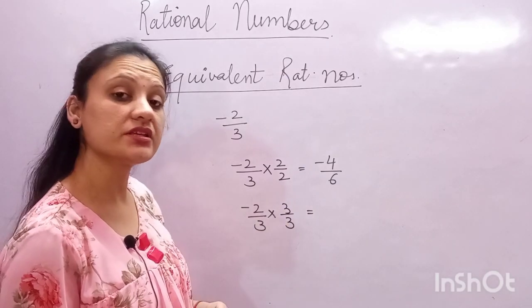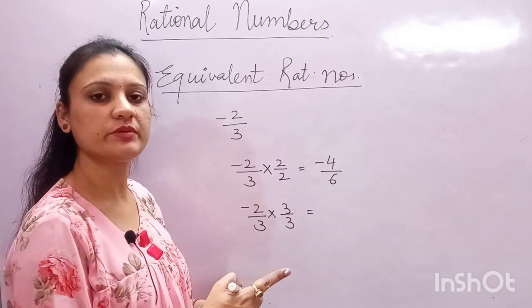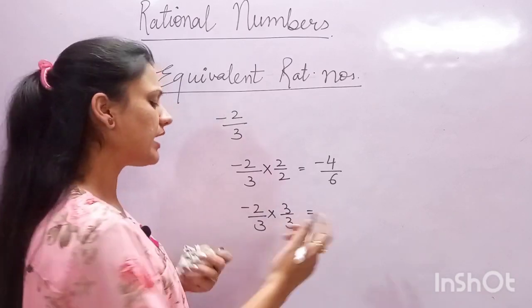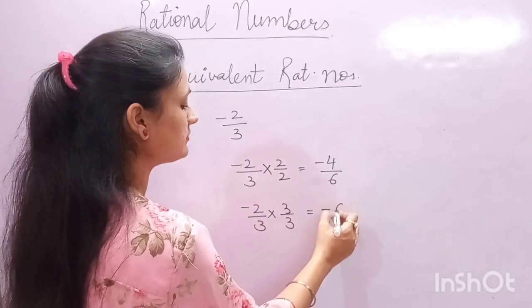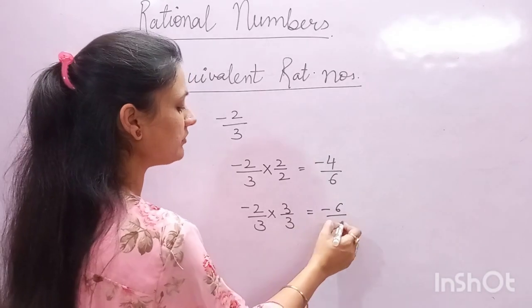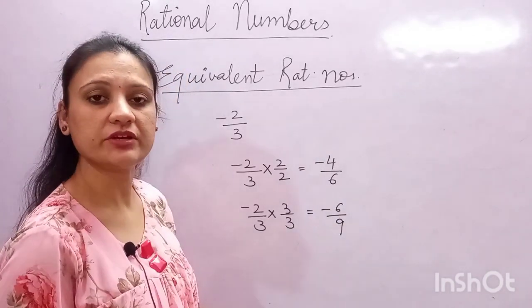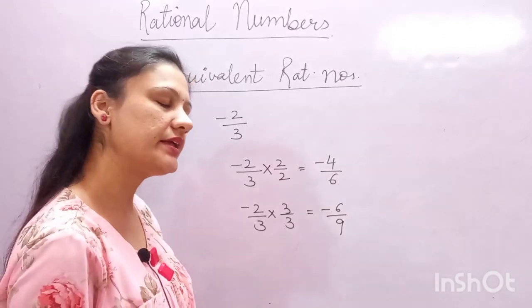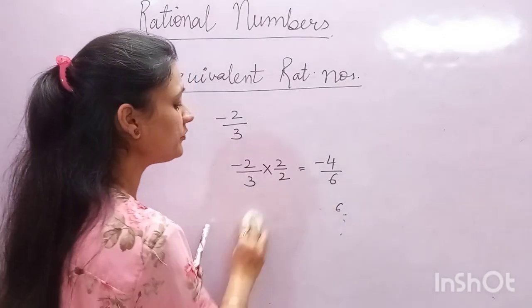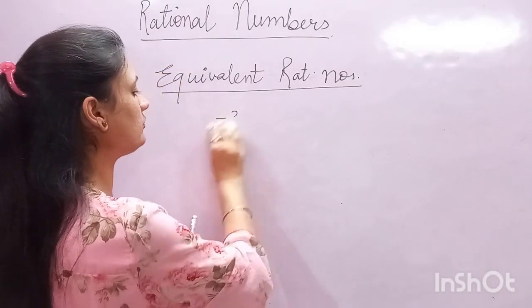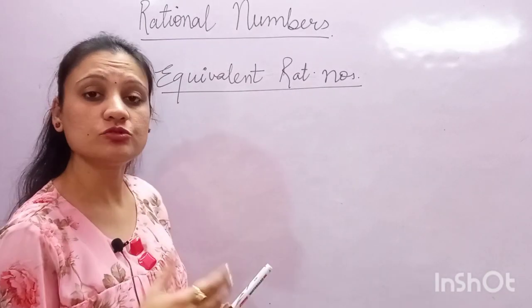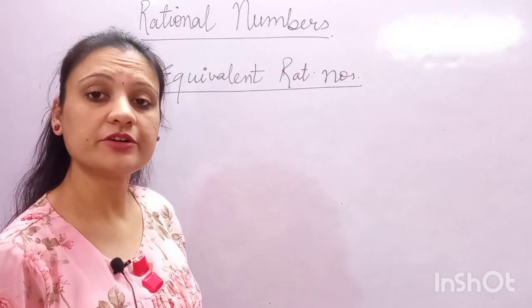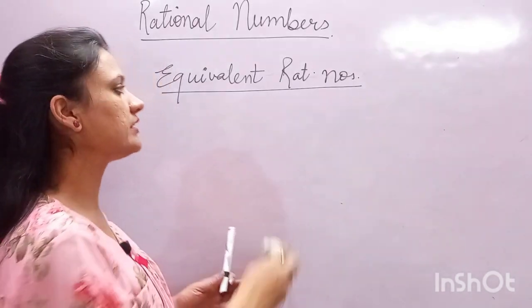But the condition is numerator and denominator should be multiplied by the same number, as you have already done with the fractional numbers. There also we used to find out the equivalent fractional numbers, right? Exactly like that. So I hope you understood how to find out the equivalent rational numbers and how to check whether they are equivalent or not.